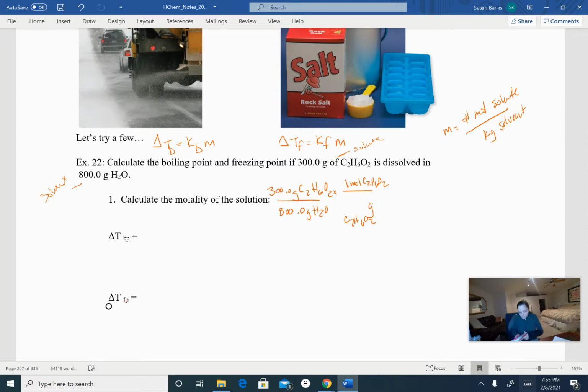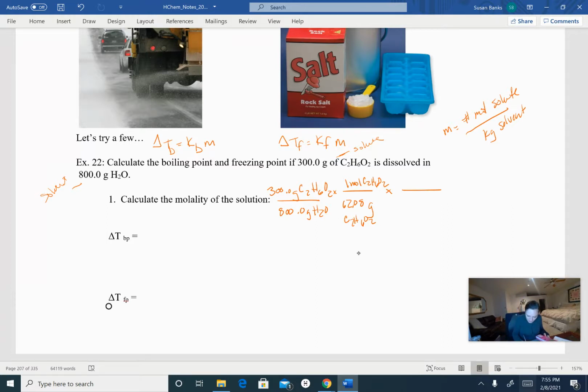So I've got to find my molar mass. I've got 2 carbons, and I've got 6 hydrogens, and I've got 32 grams of oxygen in there. So my molar mass comes out to be 62.08 grams. So I've got now moles on top, which is what I want.